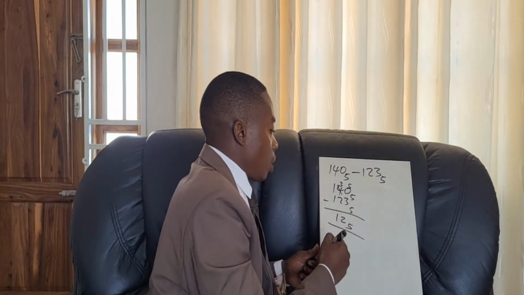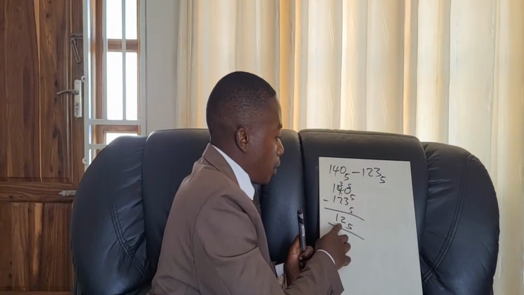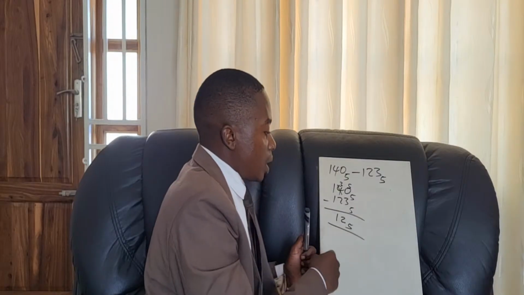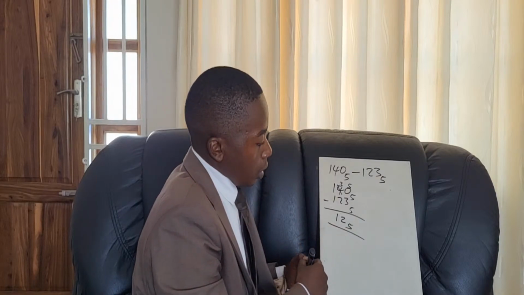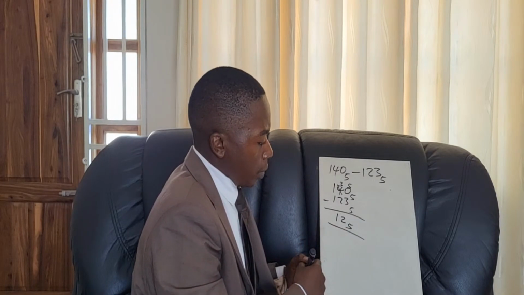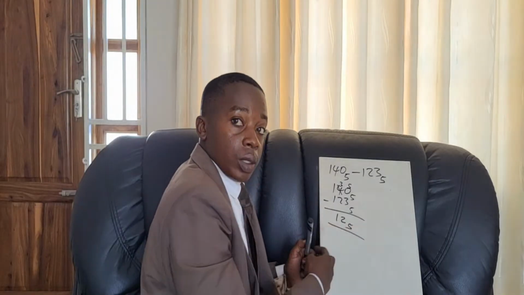So 1, 2 base 5. In base 10 it's not 4 actually, it's 7: 5 times 1 plus 2, that's 7.